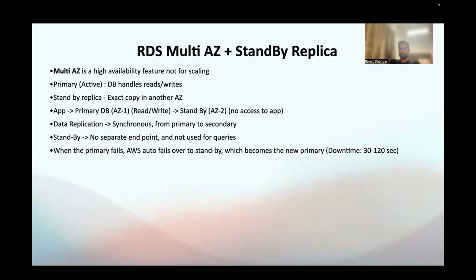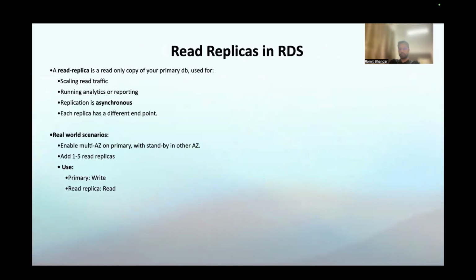It is not directly accessible to the application. To the application, the primary is still the point of contact, but synchronously you keep updating the data into the standby, because as and when the primary fails, you would still want your latest data to be available in the standby, which then becomes the primary, right?